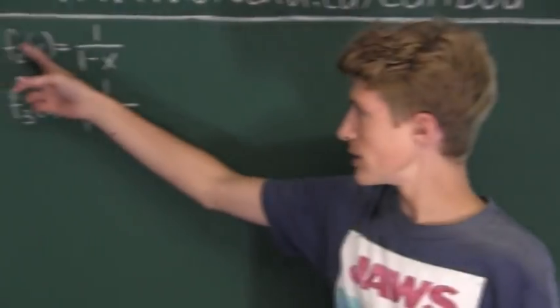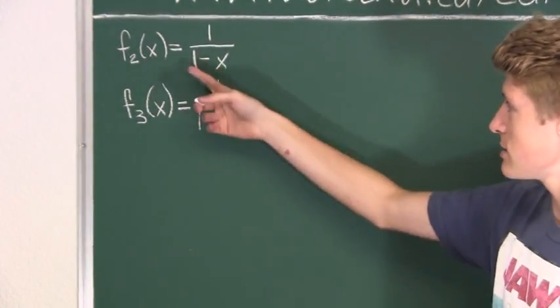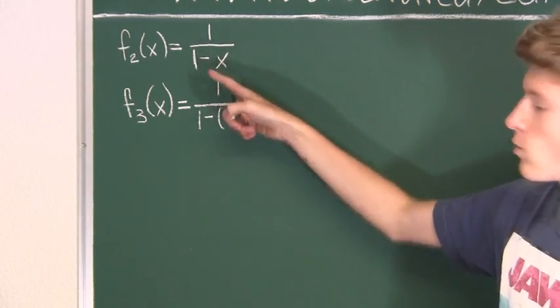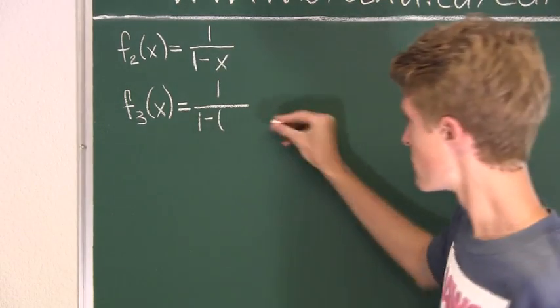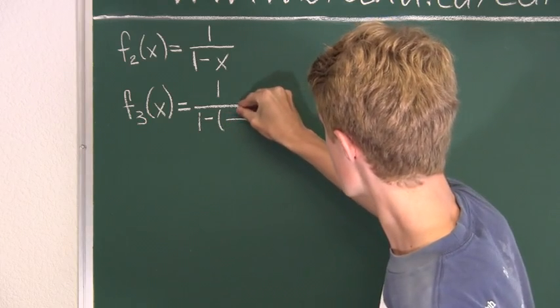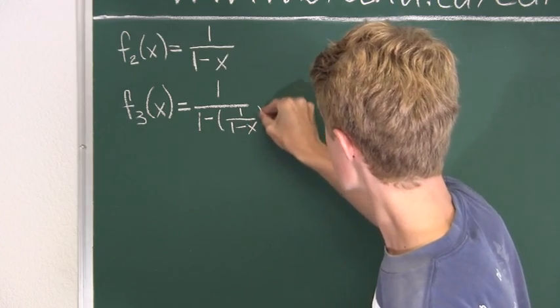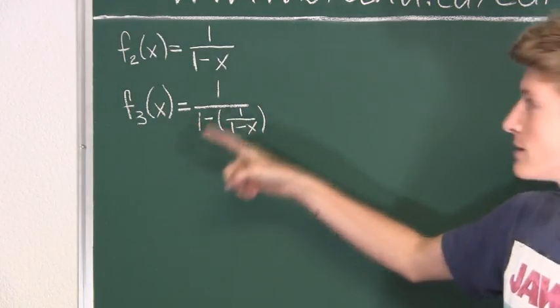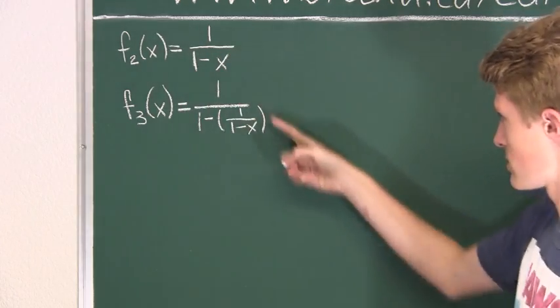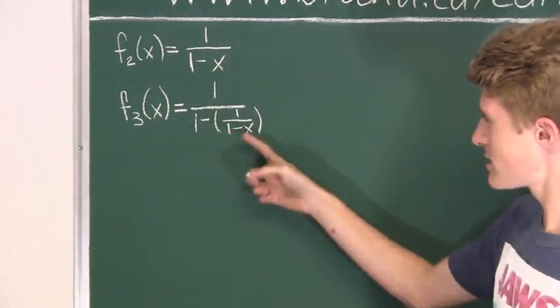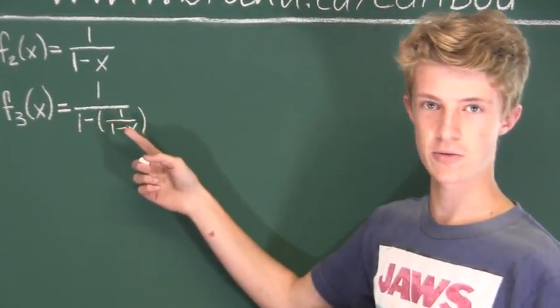We are already given what function 2 of x is, which is 1 over 1 minus x. So here we have 1 over 1 minus, and then function 2 of x, which is this. Now this isn't very clear and it's kind of hard to read.